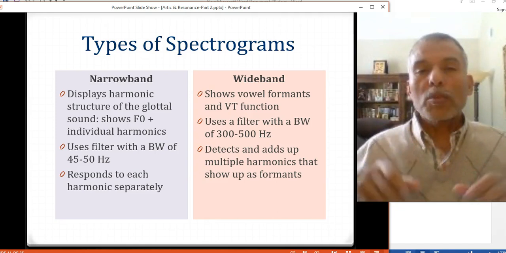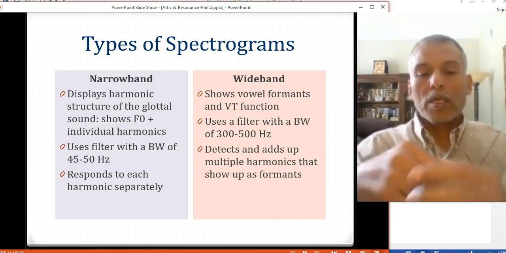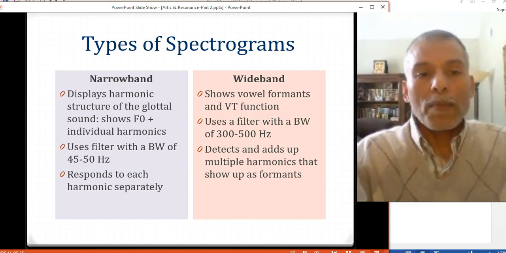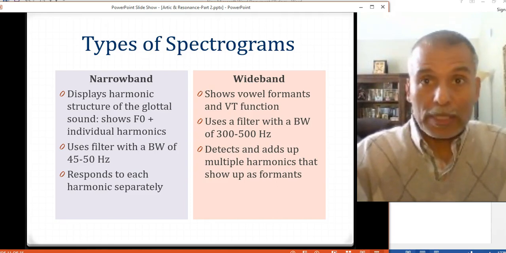And you want that to be specific because you want to make distinctions between individual sounds on a very high level. So narrowband spectrograms show each harmonic separately because you want to distinguish one from the other. So you cannot just accept any sound coming in there.